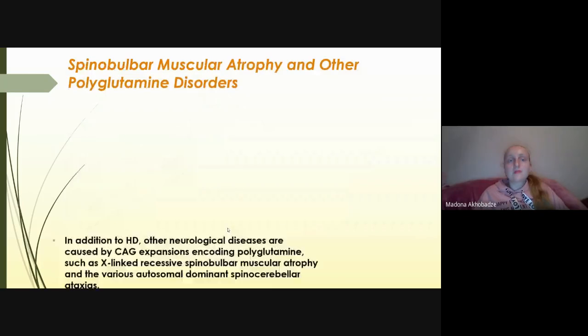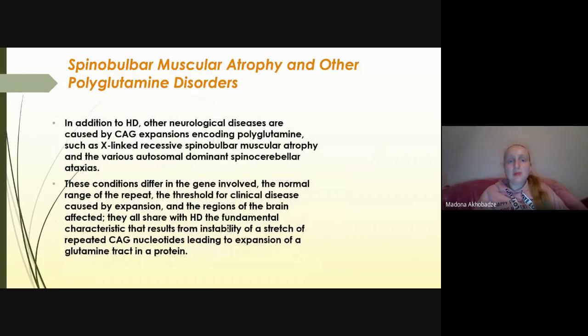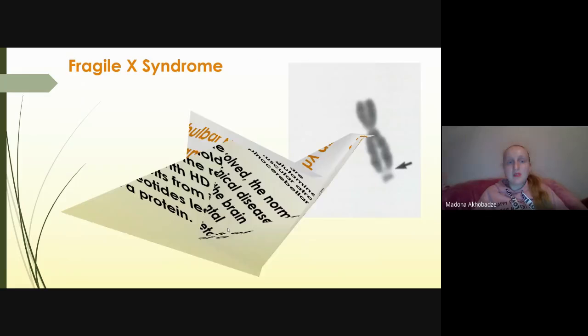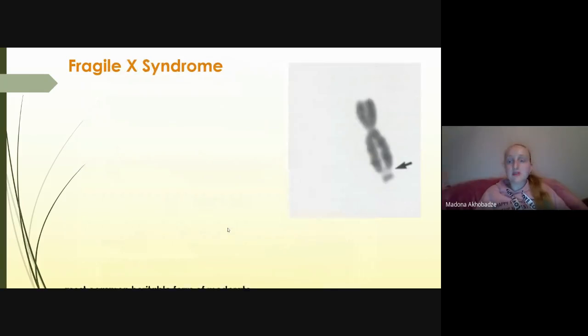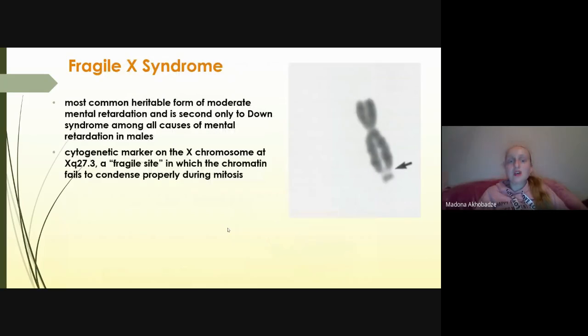Okay. So spinal bulbar muscular atrophy, I would like you to read this part by yourself. I will just skip it. And Fragile X syndrome, which I have discussed previously, is the X chromosome with the fragile site.